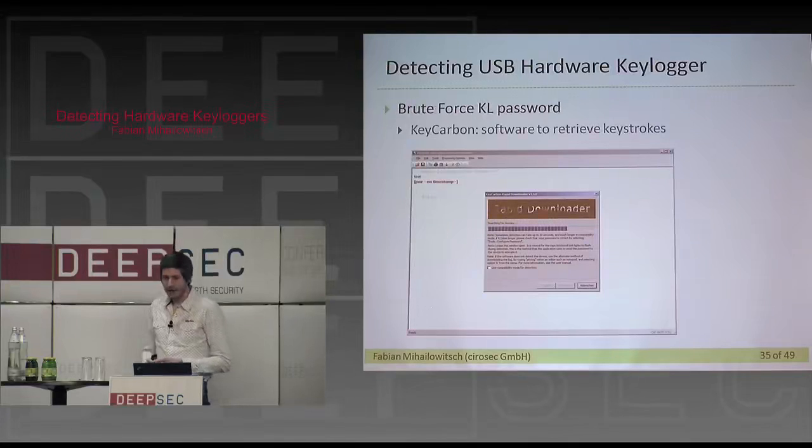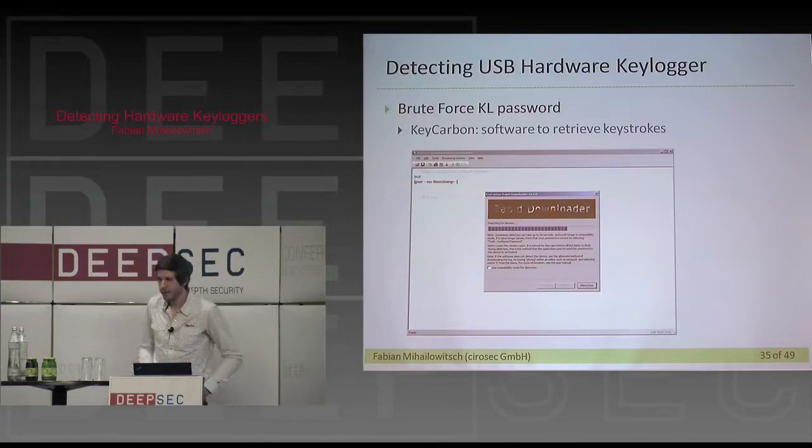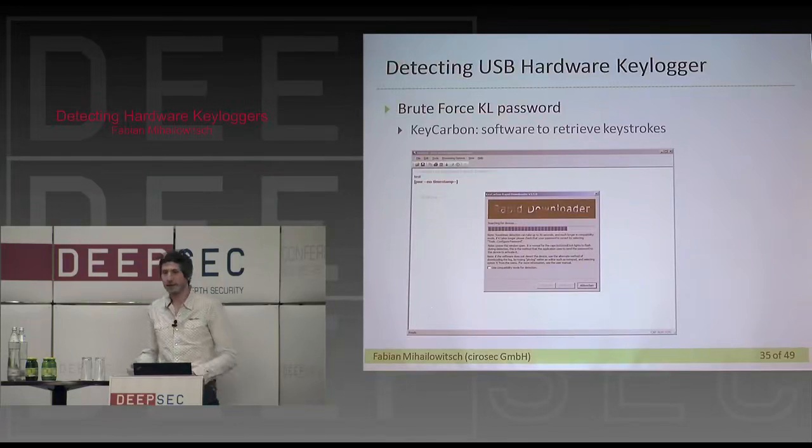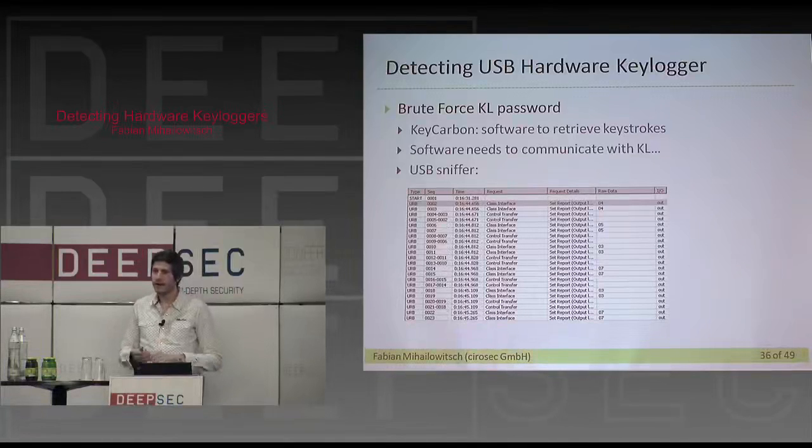The next thing I stumbled across is that for the Keylogger Key Carbon, there's actually a software used to read out the keystrokes. And the cool thing is, once there's a software to retrieve the keystrokes, maybe I can use the same technique the software does to start detecting it. So I got a software-based USB protocol analyzer and analyzed how exactly the software communicates with the keylogger.